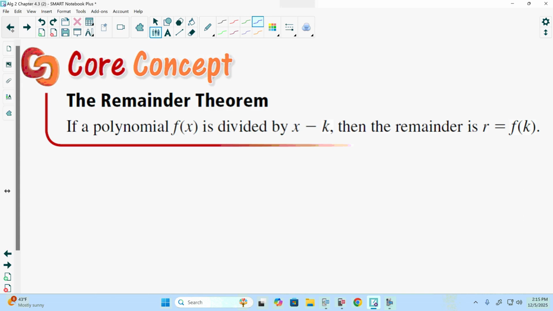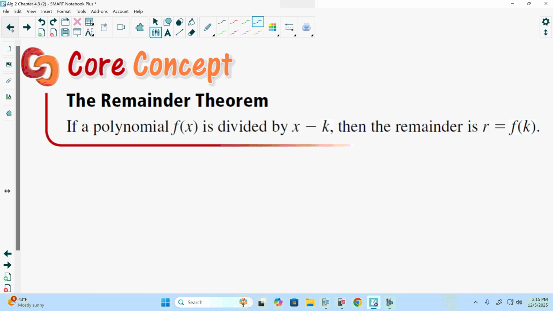This isn't on your notes, but the remainder theorem states if a polynomial f of x is divided by a binomial x minus k, then the remainder r is equal to f of k. So if we take whatever that value is, we essentially solve it, we flip the sign. We take that value k and plug it in, that value will be the same as the remainder. That's kind of nice.